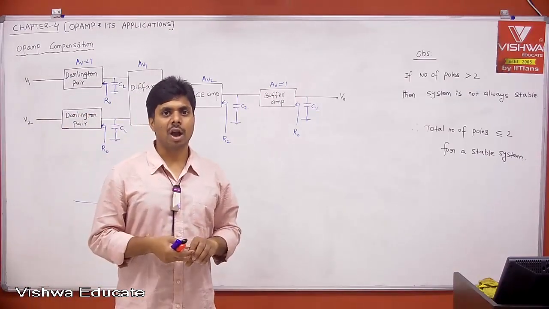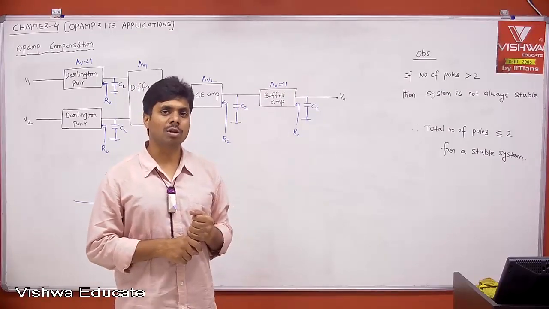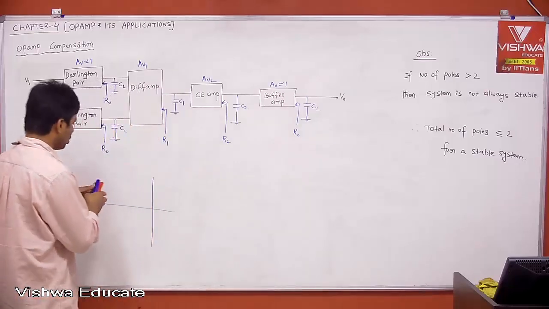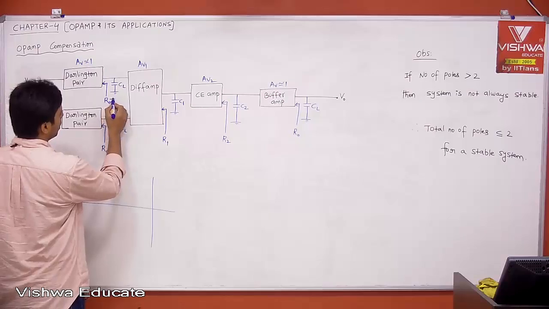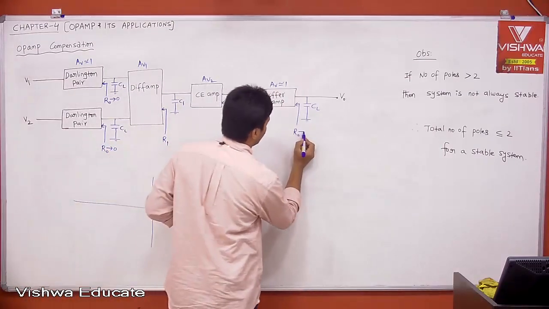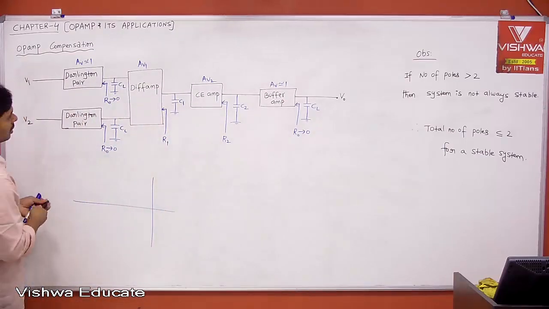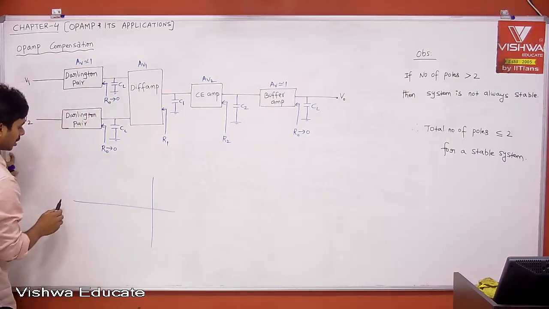Can I say that the output impedance of the Darlington pair, or the output impedance of your CC amplifier, is almost 0? 20 ohm, 30 ohm, 40 ohm. It is almost 0. If R0 is almost 0, then tell me the poles which are coming due to the Darlington pair and the buffer amplifier: R0 into CL.